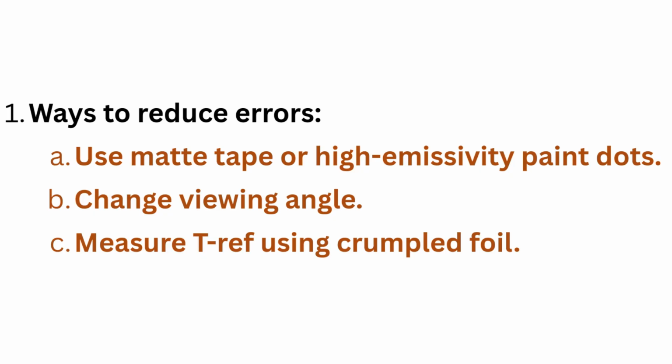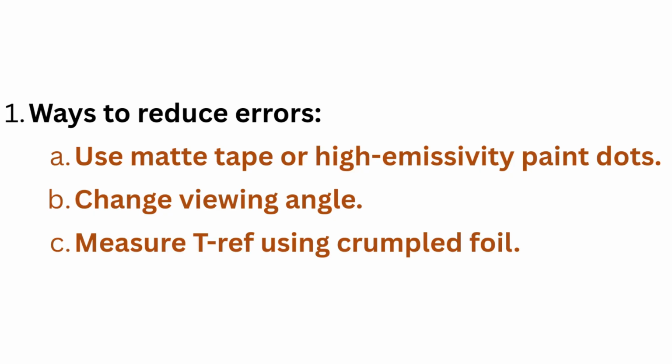You can give one angle to the camera so that it can be avoided. And the third is that we can measure how much reflected apparent temperature there is from that object by using a foil, and we can feed it into our camera so that it can be avoided.